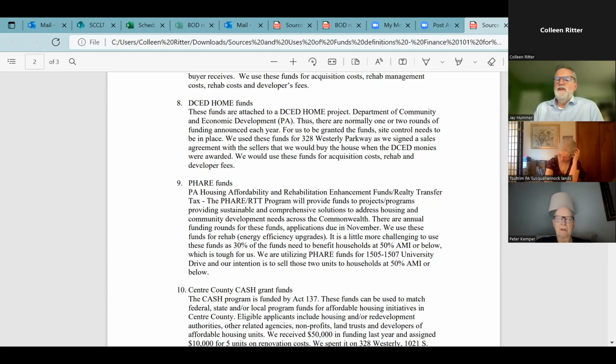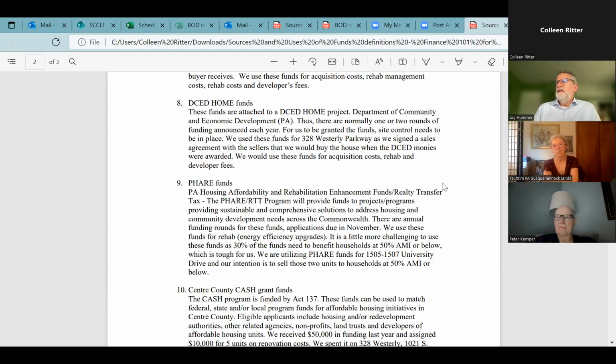Okay. Do those flow through the borough as well, or do we get them straight from the state? My understanding was that everything comes through the borough. Is Colleen there?